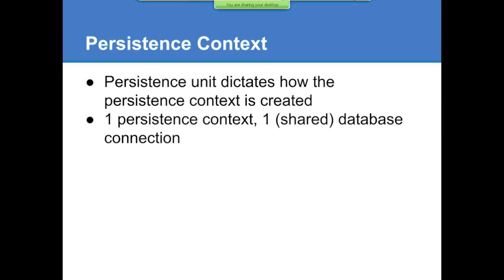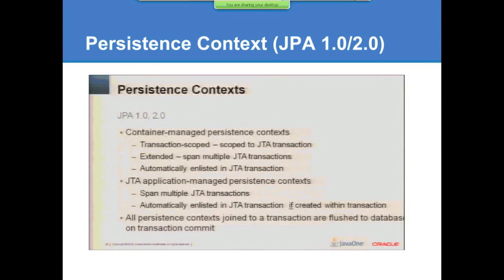The database connection can be a pooled database connection. Persistence context, I took this from an Oracle presentation because I'm not a good typer. I don't want to type too many things, so I captured and pasted it here.